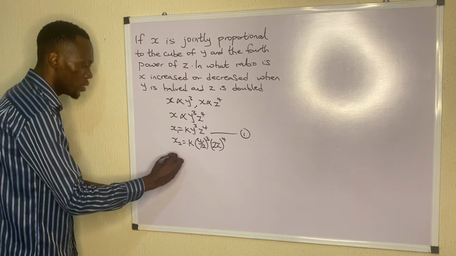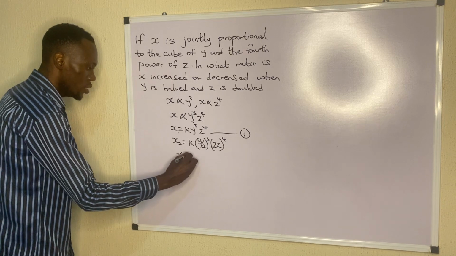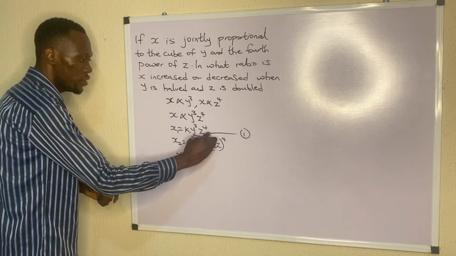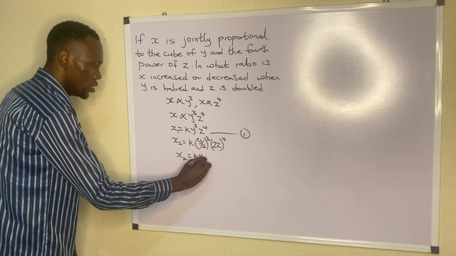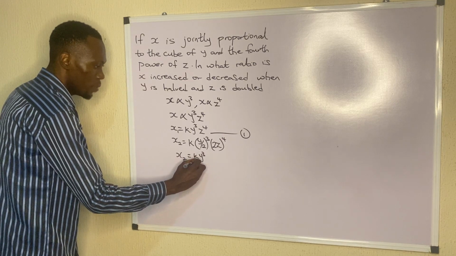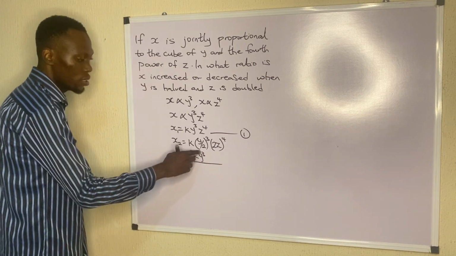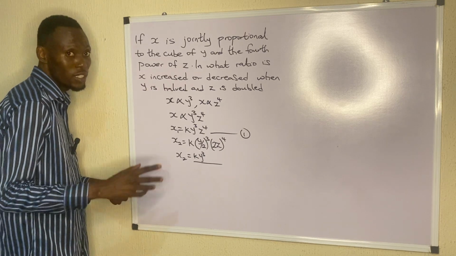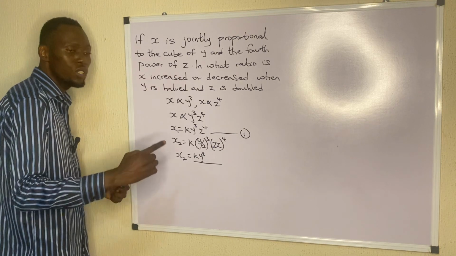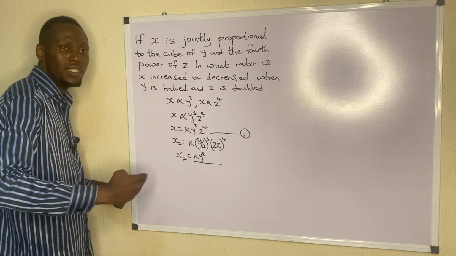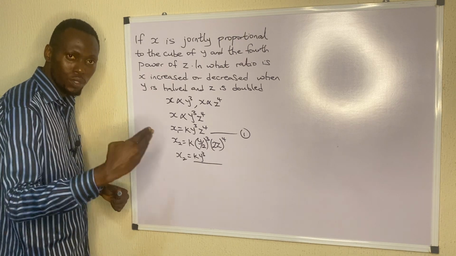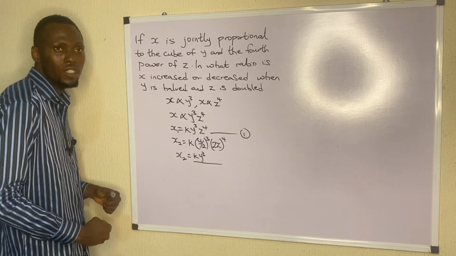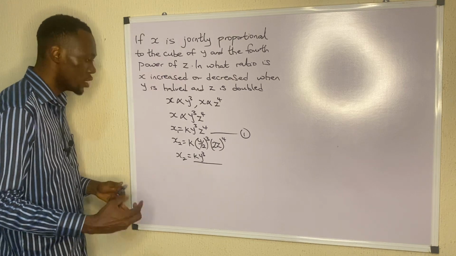Now, let's expand this. x2 will give me k y raised to power 3 divided by 2 raised to power 3. 2 raised to power 3 is not 2 times 3. Remember, 2 raised to power 3 means 2 multiplied by itself 3 times: 2 times 2 times 2. 2 times 2 is 4, and 4 times 2 is 8.